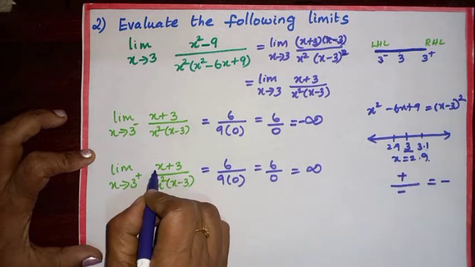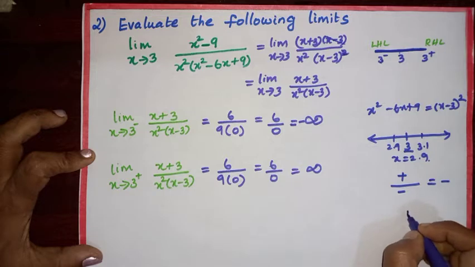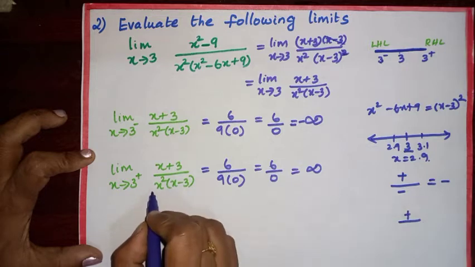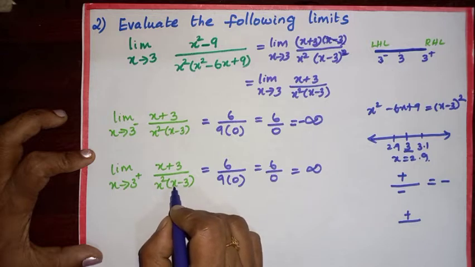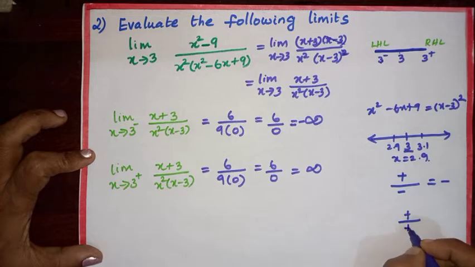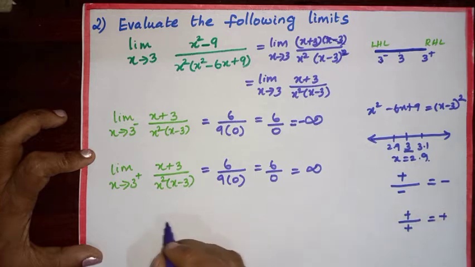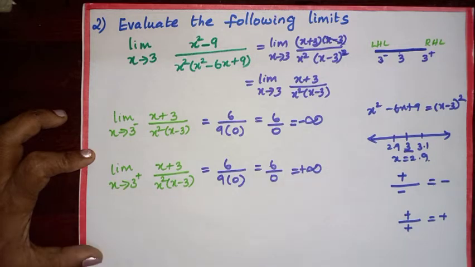Substitute x as 3.1. 3.1 plus 3 is 6.1, so we are getting a positive sign in the numerator. In the denominator, 3.1 the whole square is positive, and 3.1 minus 3 is 0.1, that is also positive. So the denominator also has a positive sign. Plus by plus is plus. So we are getting plus infinity for the right hand limit.